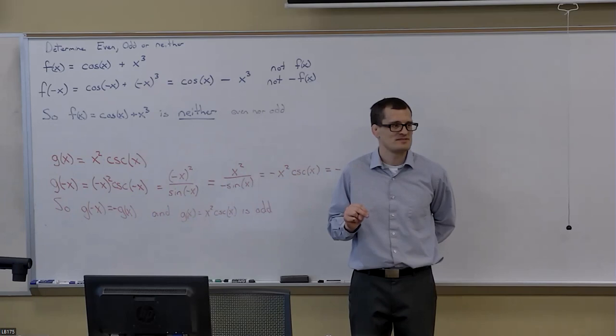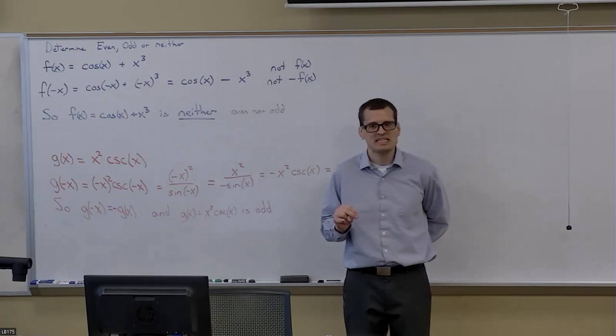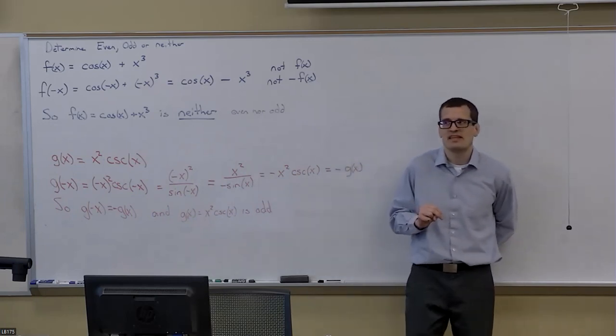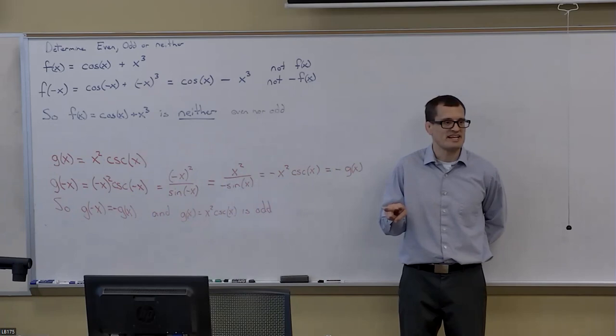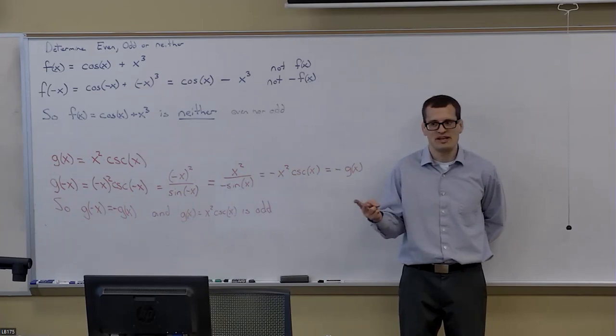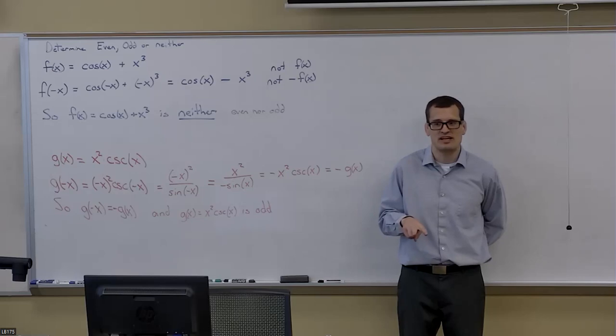If I take even times an odd, that's one negative, that's like an odd. Does that make sense? So when you multiply, odd works kind of like a negative number, and even works kind of like a positive number.